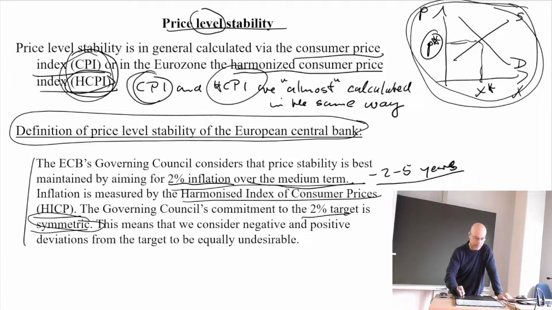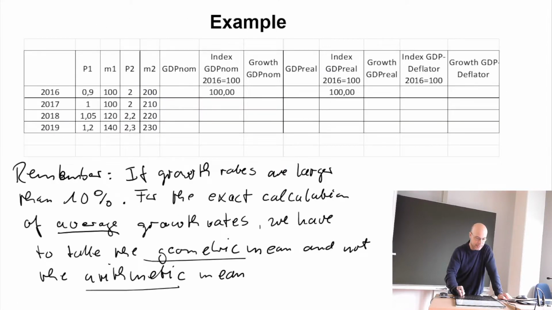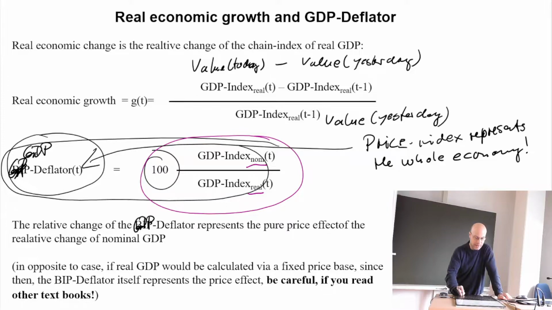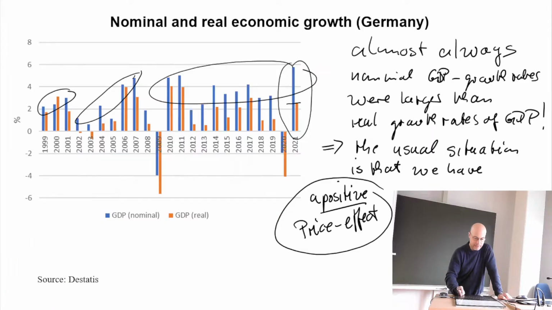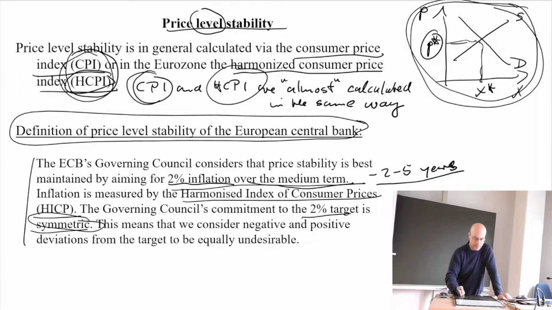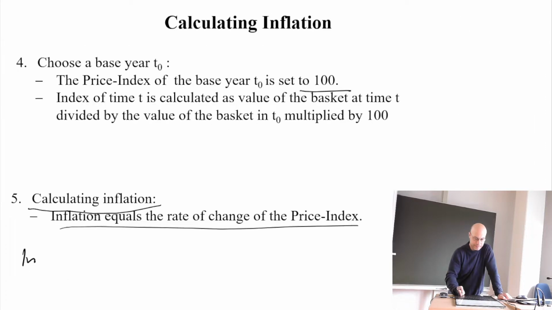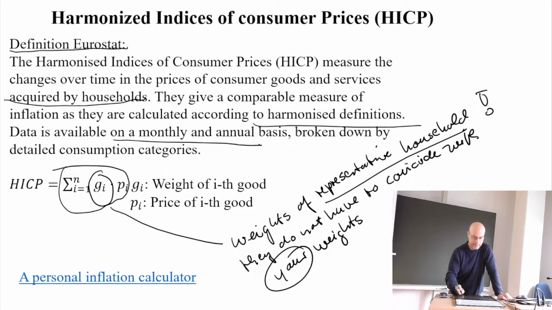And if we compare this consumer price index here with our GDP deflator, the GDP deflator comes out of the definition of nominal GDP and real GDP. And the CPI was defined as the arithmetic mean of some representative household.